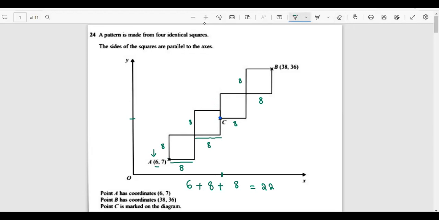Now, would Y be 16 plus 7 or not? Think about it peacefully. Just think about it logically. One thing is clear, let's write it down as X. I'm not sure what length it is. I need to find that out.